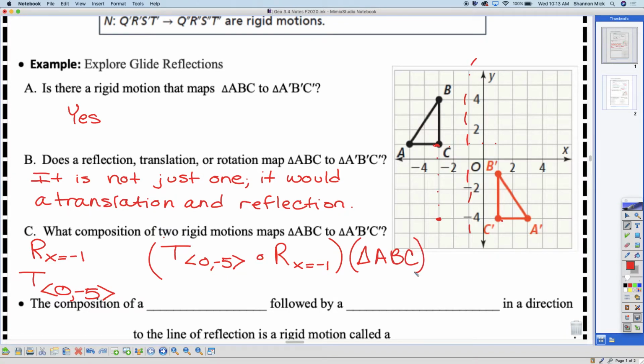So if I were to mimic this, I would do the reflection first, correct? So reflect over -1. I'm going to change my colors because I got red, we'll put it in blue. So if I reflect ABC over X equals -1, I go 1, 2, and then 1, 2, 3, 4, just reflecting it, same distance on both sides, right?